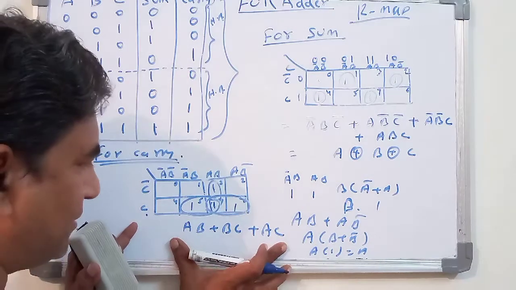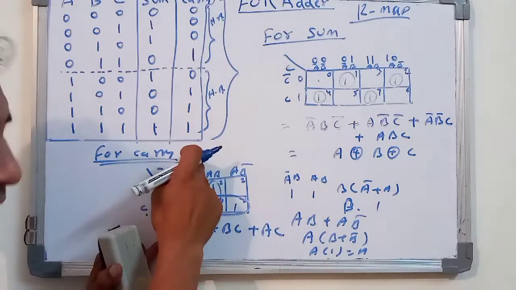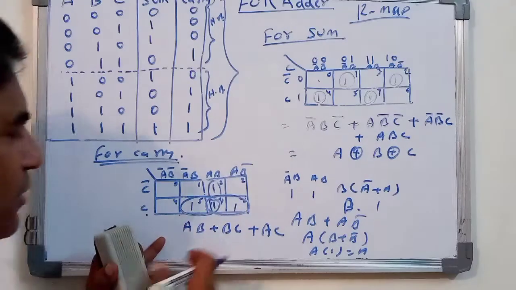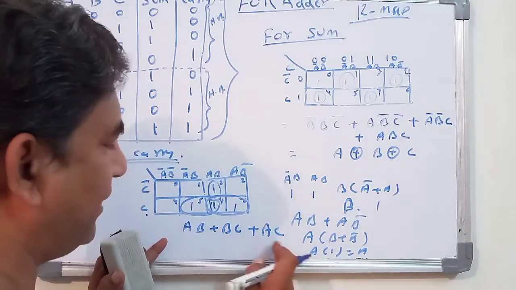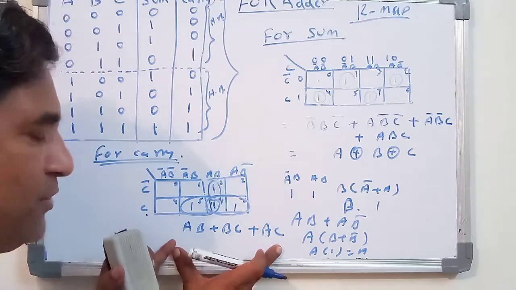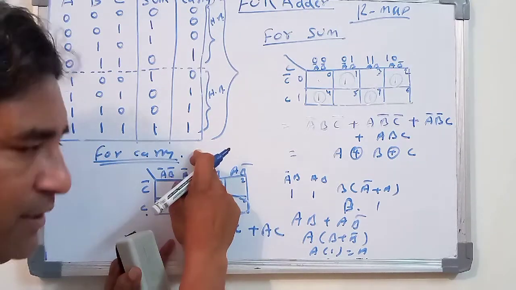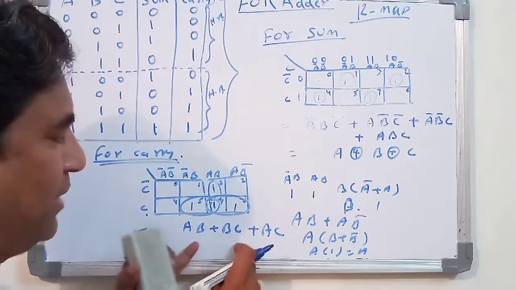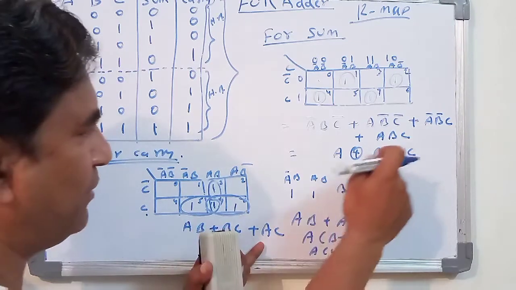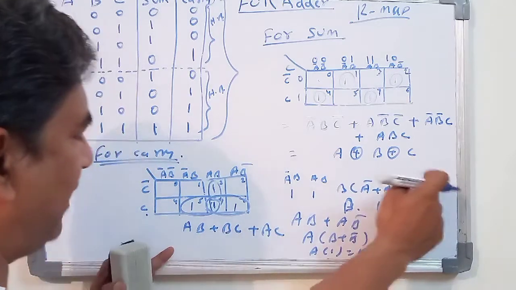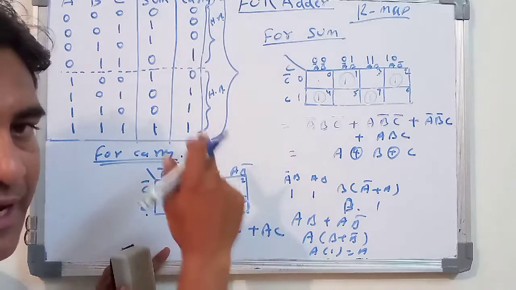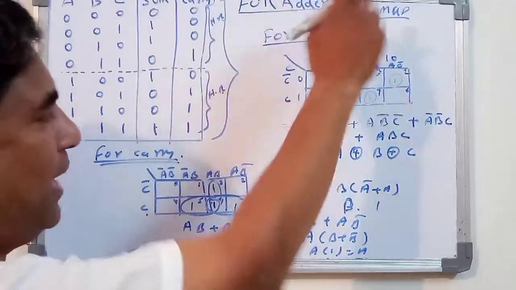So this is the logical equation for the carry. Okay, students? You may note down also, AB, BC and AC is the logical equation for the carry. Means now you may be able to say that three AND gates are required, one XOR gate is required, and one OR gate is required for designing the logical diagram for a full adder.